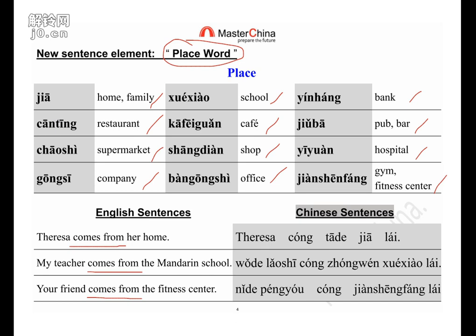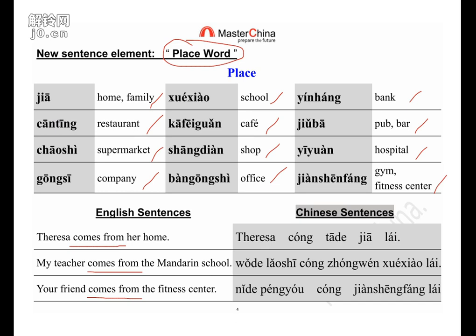Of course, if you want, you can add in to. So, for example, he comes to the office from his home, right? He comes to the office, but sometimes he just comes from. You omit the destination, but the start place you have to say first. Then come, this word, you still need to keep it.